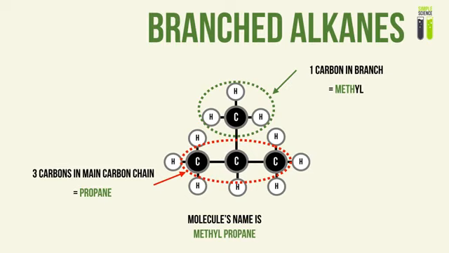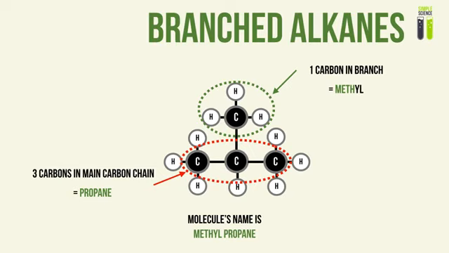In general, any branch that has only 1 carbon atom will be called methyl. For example, if it has 2 carbon atoms in its branch, it will be called ethyl, and so on. Similarly, we look at the main chain, which is exactly the same as in the previous simpler molecules. We have 3 carbons in that main chain, so it is an alkane called propane.